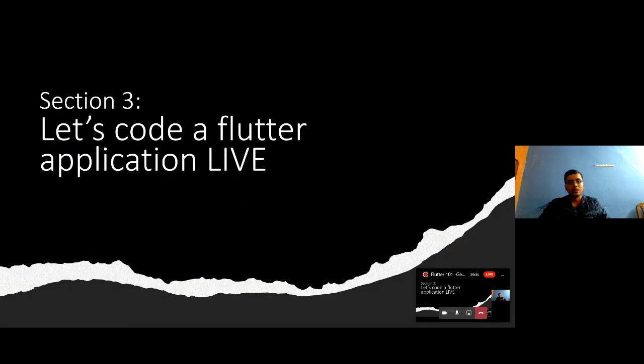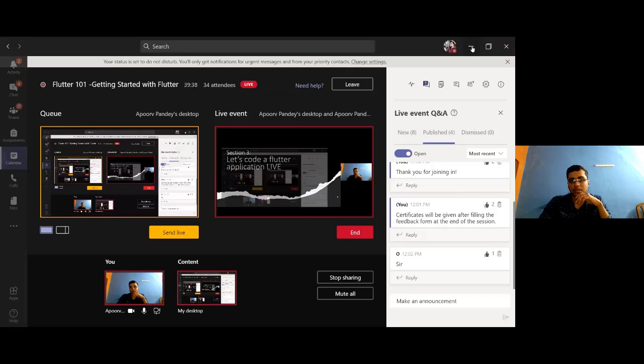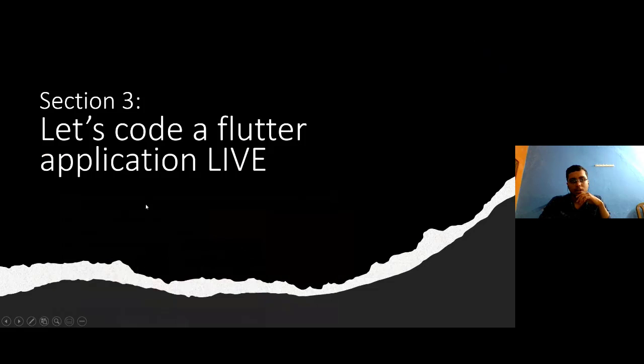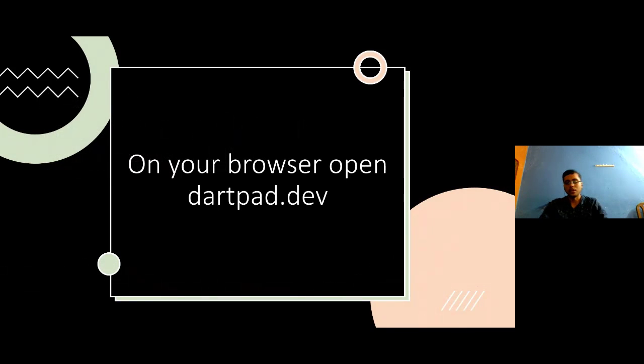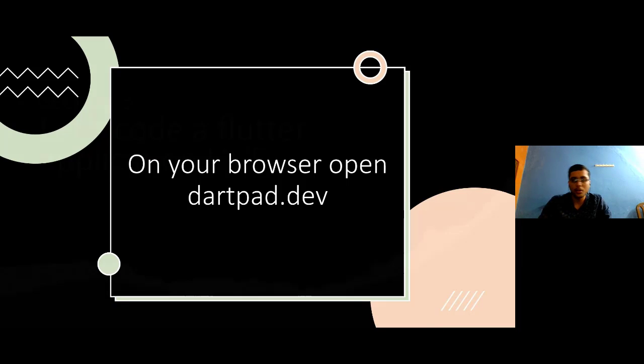Now we are in the third section of our session, that is, let's code a Flutter application live. If you are on a laptop, then only you would be able to do this. But if you're on a laptop, you can just visit this site, that is dartpad.dev.